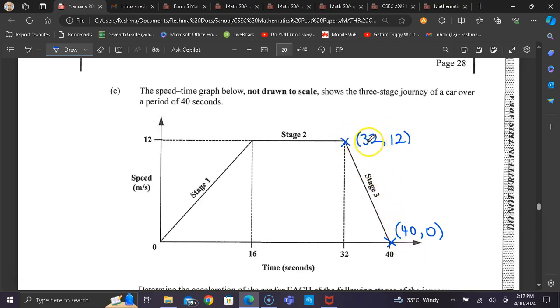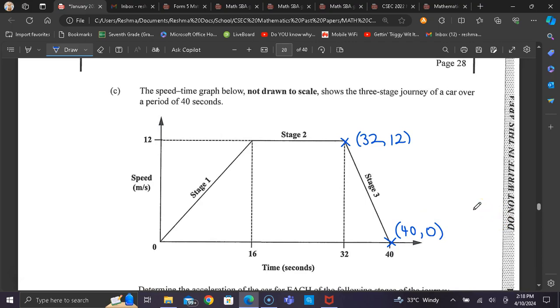So you can use the formula for gradient to find the acceleration for stage 3. We're going to use this as x1, y1, and this is x2, y2. So I'll do the working right here since we have the coordinates.